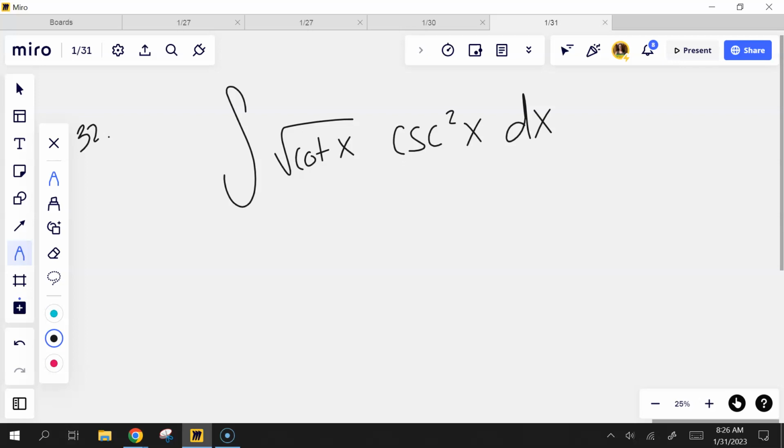You have it all memorized? Right. I would use u sub here because one's a derivative of the other, and you know that, right? As you look at it, maybe you don't remember exactly what it is, but you know one's a derivative of the other.